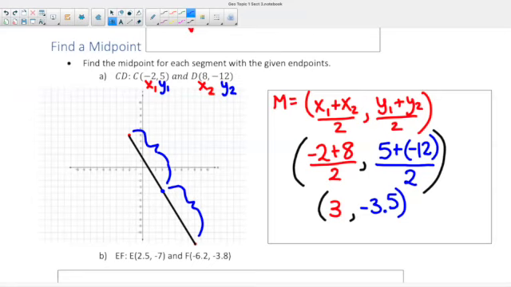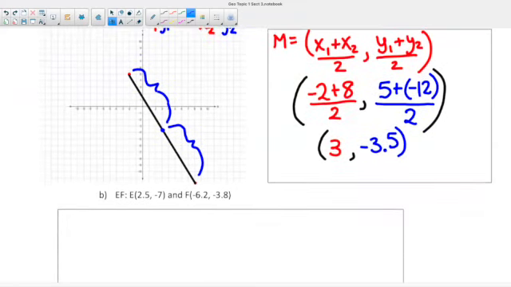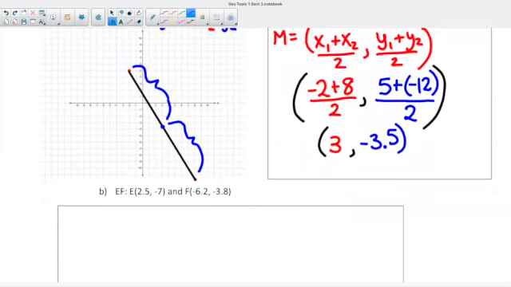For the next one, since it's decimals, we're not going to graph it. We are just going to use the midpoint formula. So I'll leave it so it shows a little bit so we don't have to write the midpoint formula again. The midpoint formula is right up here, and it's in another place in your notes as well, in the beginning in the definition section.